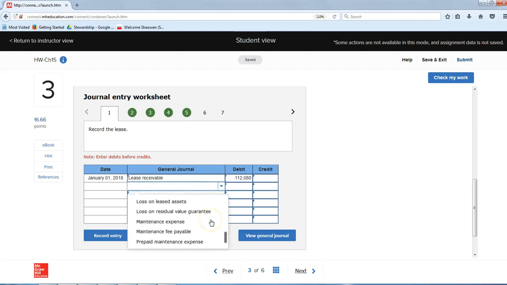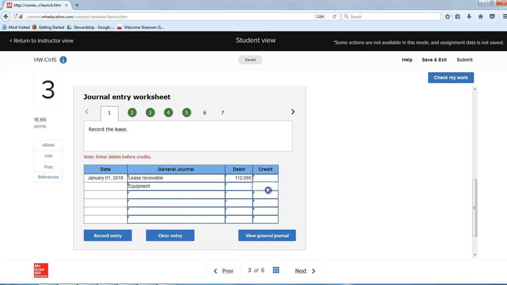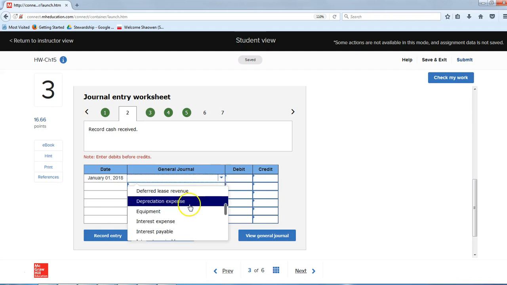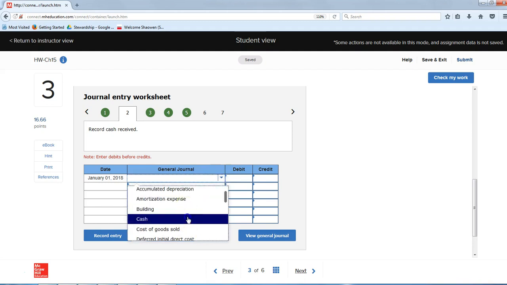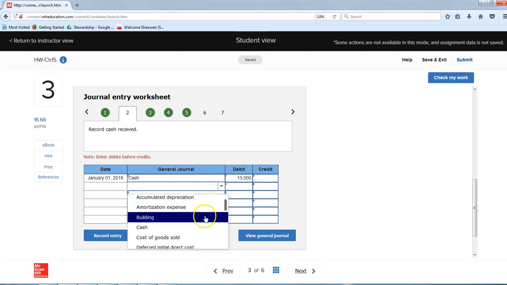On the credit side, they lease out equipment, so we will credit equipment. Next one says, on the same date, they receive cash of $15,000, and this $15,000 reduces our outstanding balance for lease receivable.